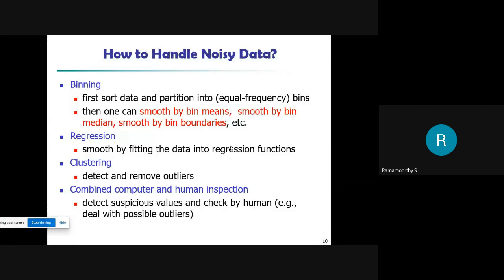Each data length, maybe the 8-bit data or 16-bit data likewise. So equal chunks we are going to create. First you need to sort the data and partition the data into equal chunks, or bins.